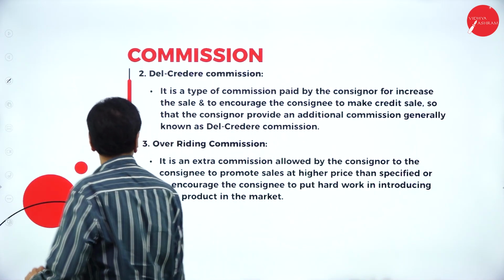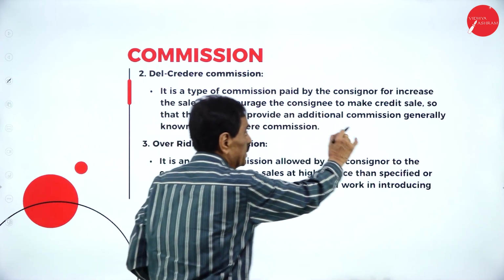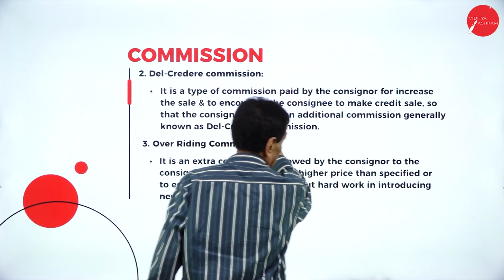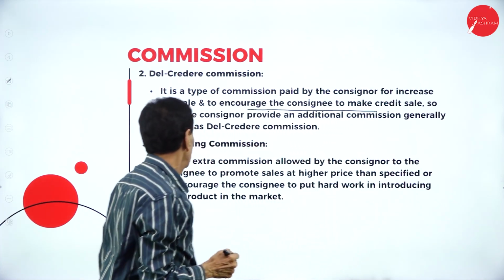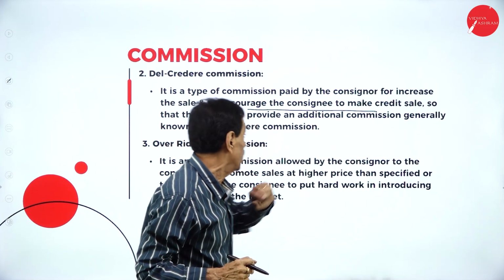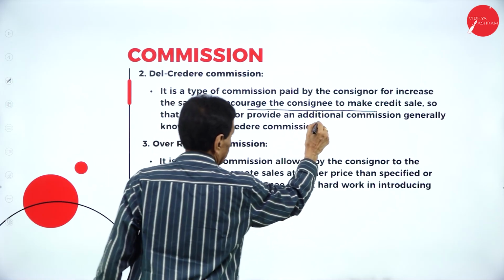Then, bill credit commission. It's a type of commission paid by consignor for increasing the sale and to encourage a consignee to make credit sale, so that the consignor provides an additional commission, generally known as bill credit commission.